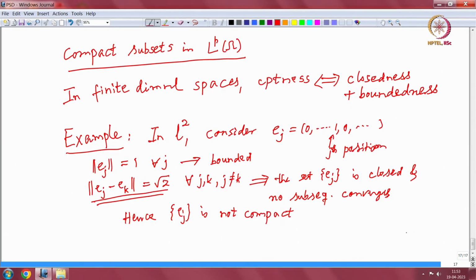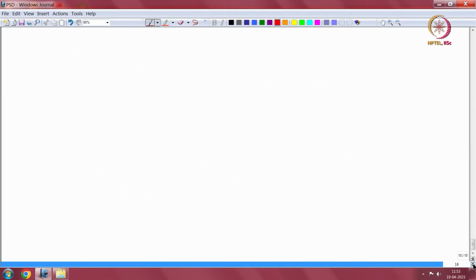In a general metric space, let me state the compactness criterion as a theorem.